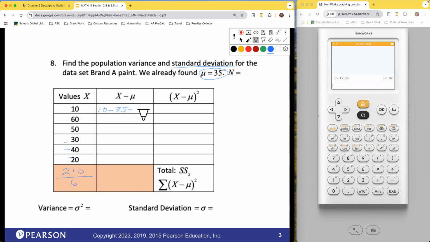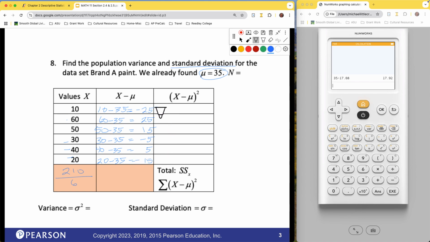So in this case, we get negative 25, 60 minus 35, this one we get positive 25, 50 minus 35, we get positive 15, 30 minus 35, we get negative 5, 40 minus 35, we get positive 5, and 20 minus 35, we end up with negative 15.